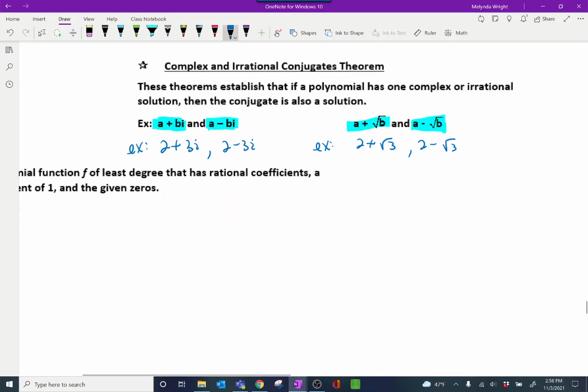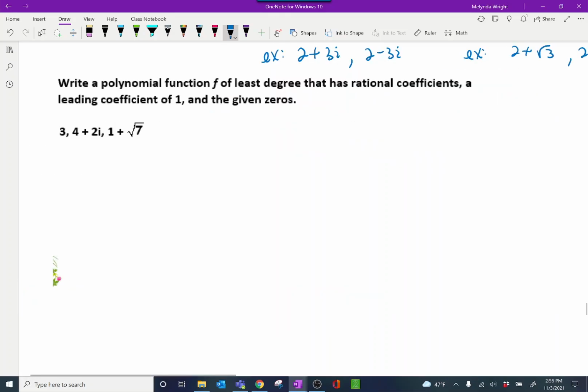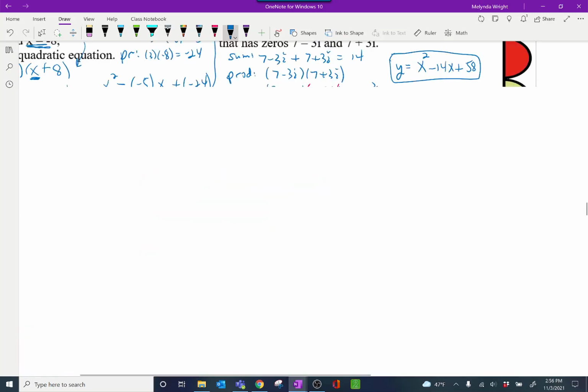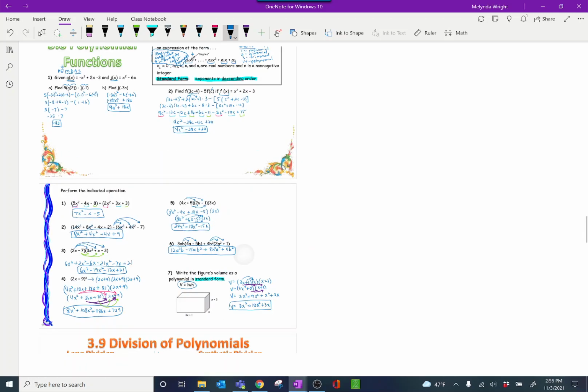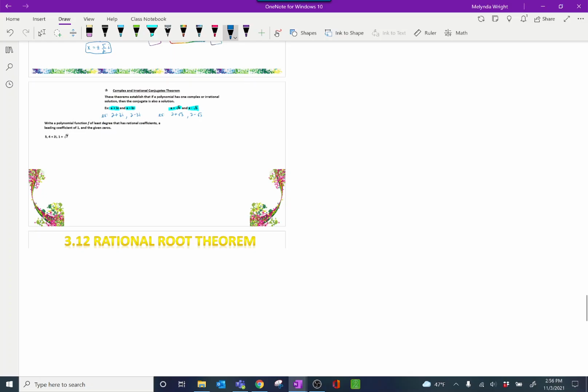Okay, so let's look at this last example. They want us to write a polynomial function of least degree. That means, you know, just least degree. Don't you love it when that happens? Least degree means that, you know, if you can write it as an x squared, you wouldn't write it as an x cubed.